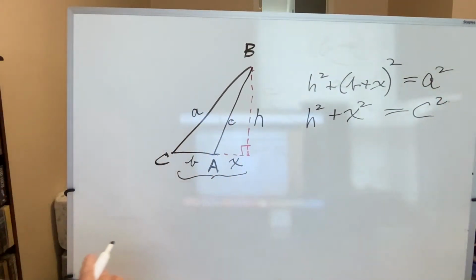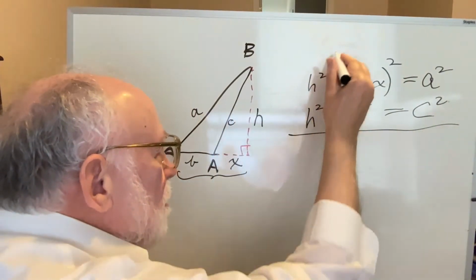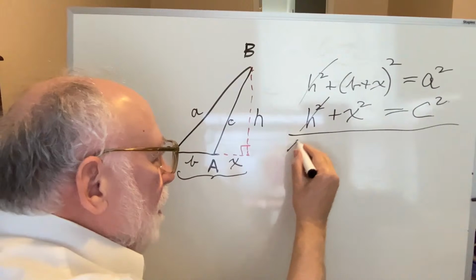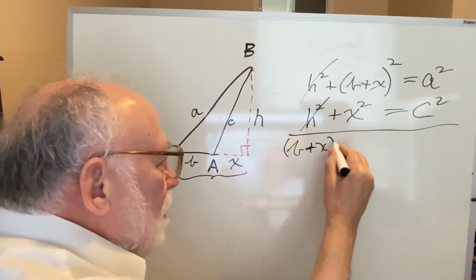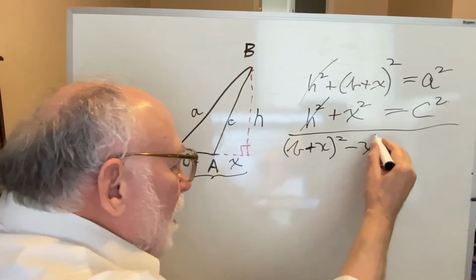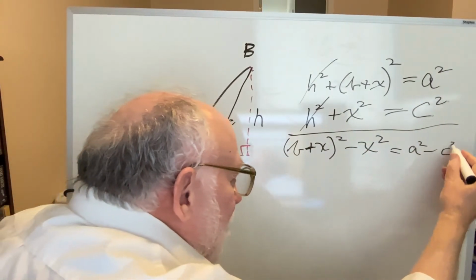This is the case where angle C is still acute, but the altitude falls outside the triangle. Now we subtract to eliminate the h's, and get b plus x quantity squared minus x squared equals a squared minus c squared.